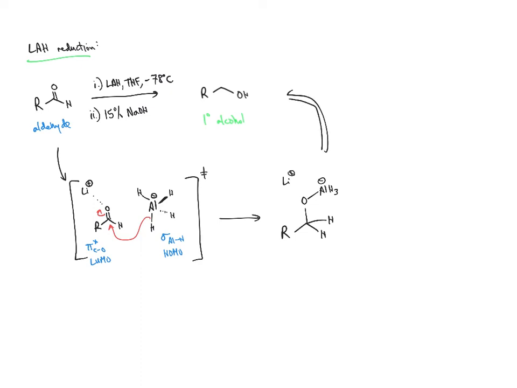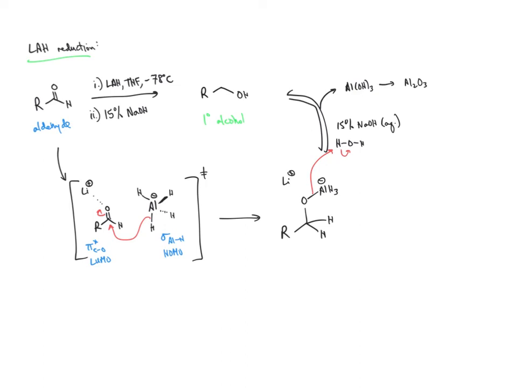In the next step, 15% sodium hydroxide in water will allow us to protonate the alkoxide, and that's going to generate your primary alcohol product plus aluminum hydroxide as a byproduct, which eventually dehydrates to give you alumina.